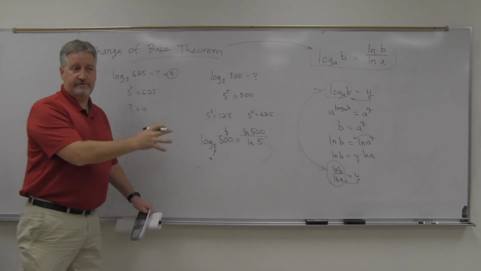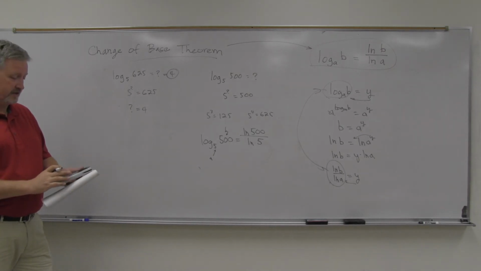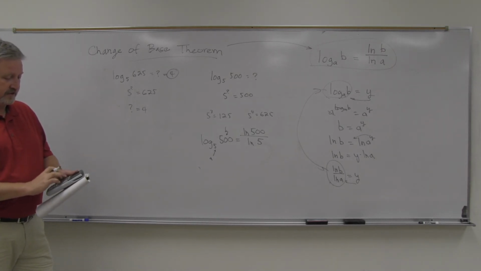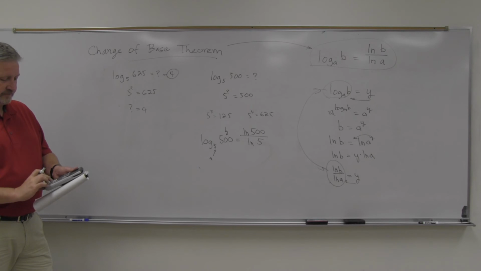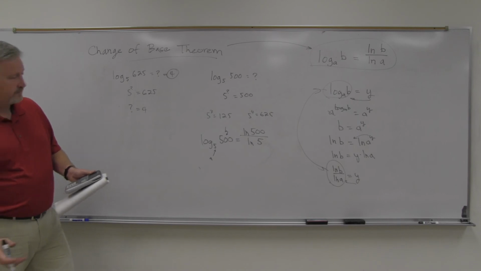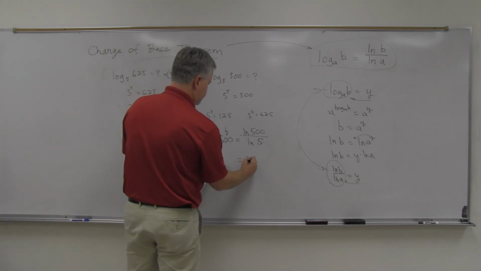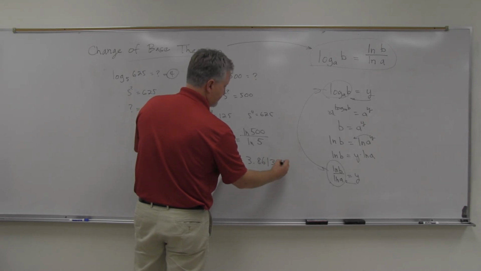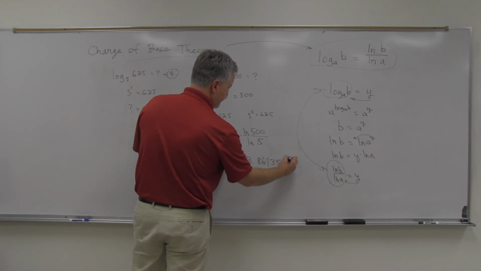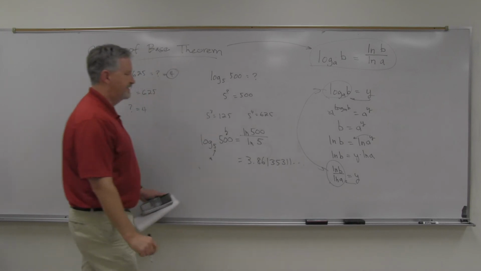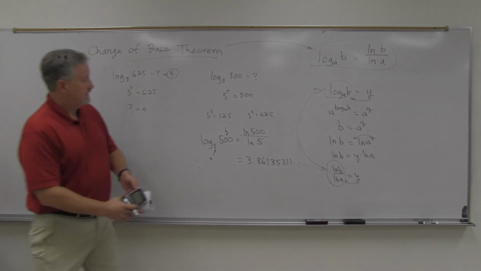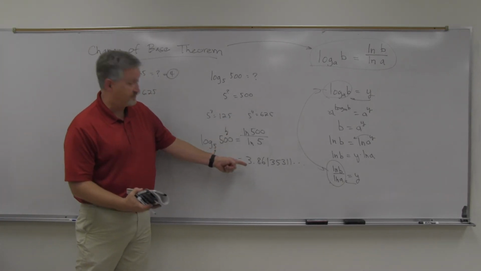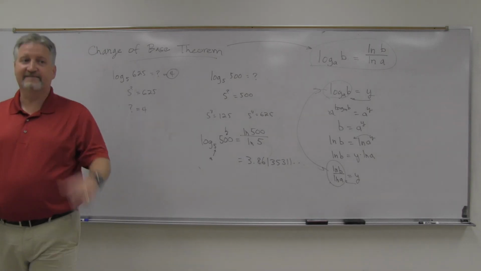Most scientific calculators are equipped to handle that. ln of 500 divided by ln of 5 is 3.86, with however many places you want. And we said it's probably closer to 4 than to 3, and sure enough, it's about 3.86.